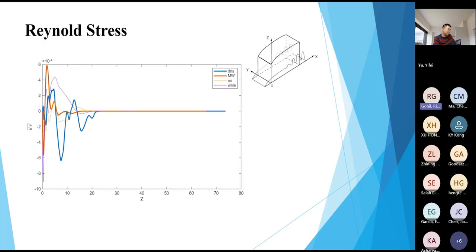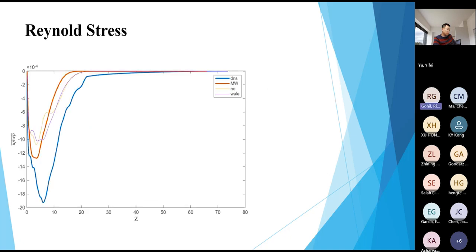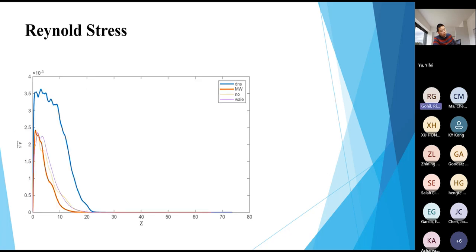And this is the result for Reynolds stress, which is for u'v'. This is for u'w'. The blue is the DNS and the orange highlighted part is the modified WALE. This is the graph which represents Reynolds stress for v'v'.